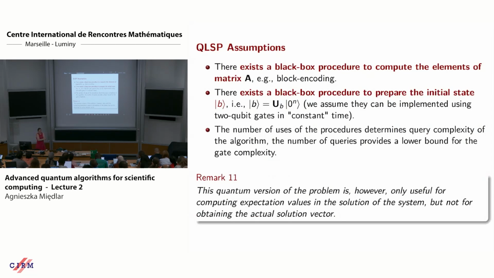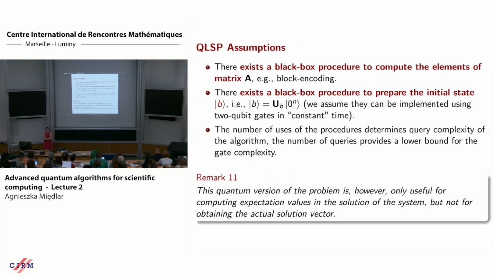What are the assumptions of solving the quantum linear system problem? You assume that there exists a black box procedure to compute the elements of the matrix A. It can be block encoding, or other ways of accessing your information, as we saw how to encode a sparse matrix.